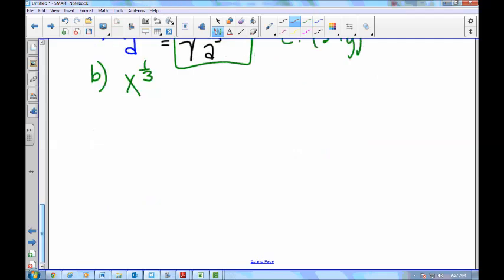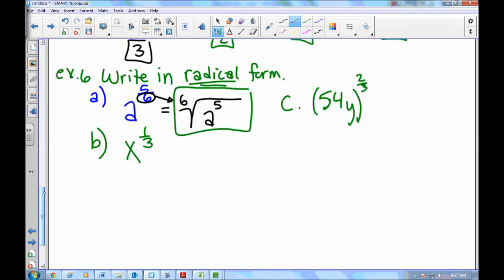Ready, volunteer? Probably someone I haven't talked to yet today that can tell me B. Remind me your name? Bryson. What did you get for B? Okay, yeah. So actually, this brings a good point. Let's practice saying this. Instead of square root of x, we say cube root of x.